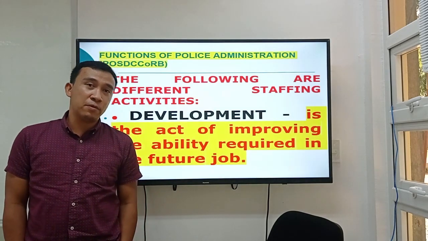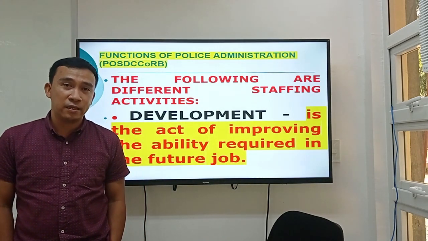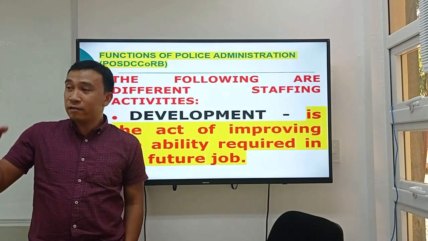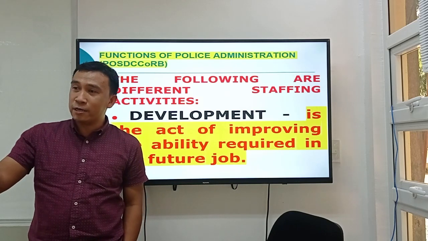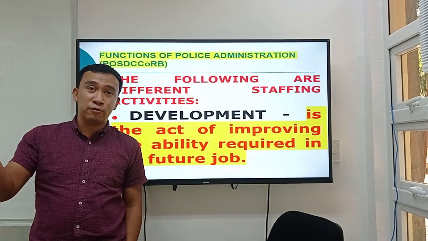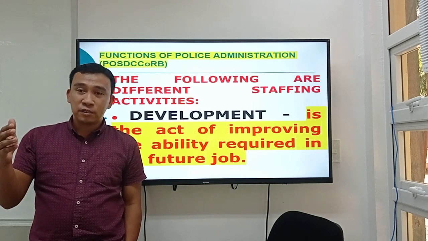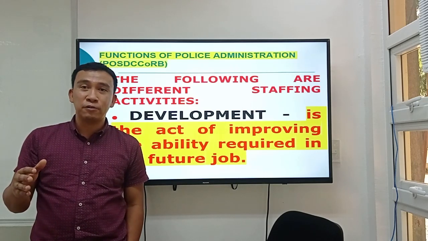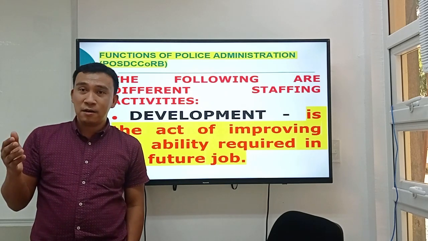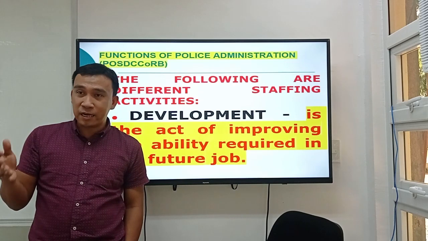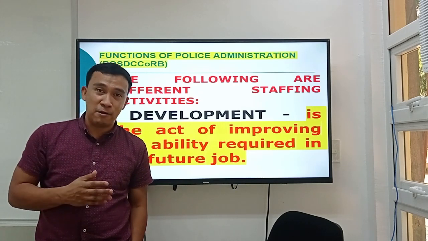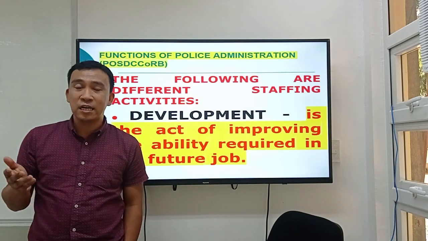So, hindi ka mapopromote kung wala kang appropriate na training or schooling na ginawa na intended at kailangan doon sa future job mo, sa bagong trabaho mo, sa bagong position na ibibigay sa iyo, kaya kailangan mong maging familiar, ma-equip, maging ready sa bagong description ng iyong trabaho. At ang tawag dyan is development.